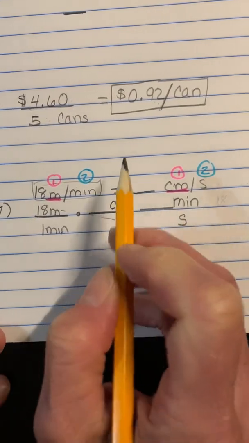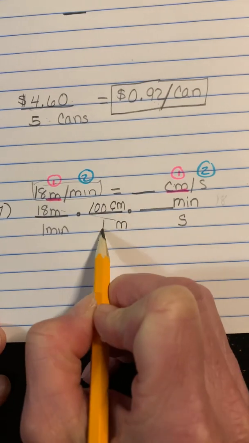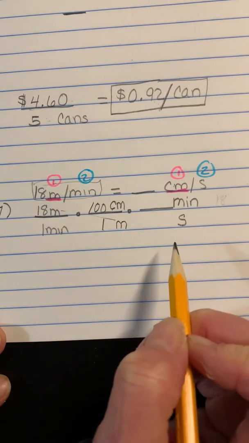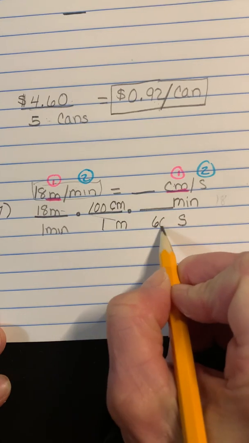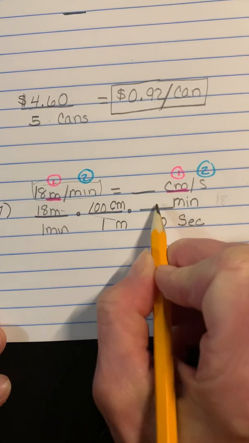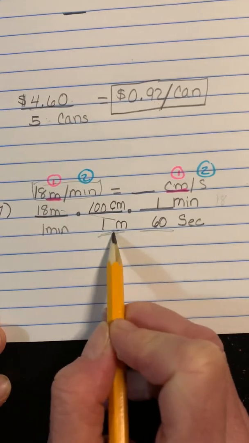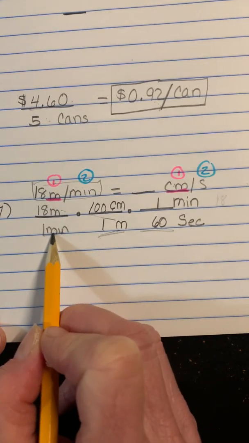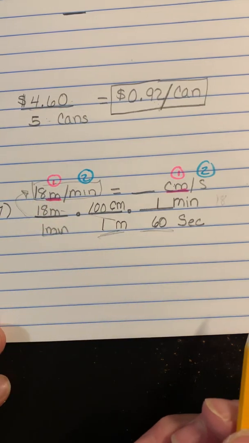So then you go to your conversion chart and you find out that there's 100 centimeters for every 1 meter. And then there's 60 seconds in 1 minute, okay? Both of these are from a conversion chart. This fraction right here, or ratio I should say, was given. It was the first thing given.